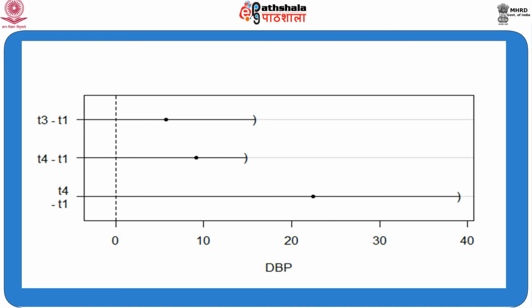Let's see the exact results that are plotted here. In these last three rows, the T3 to T1 difference was 5.73 with upper interval 15.81, whereas T4 and T1 was 9.18 with upper interval 14.85, and the interdifference between T4 to T1 was 22.40 with upper interval 39.08.